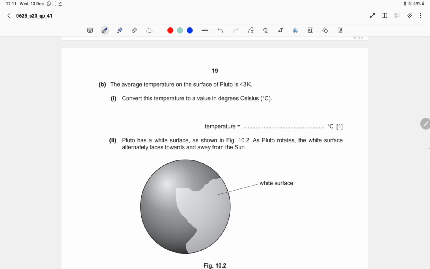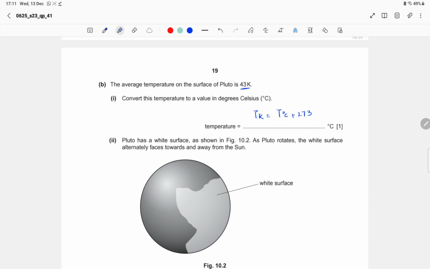The average temperature on the surface of Pluto is 43 K. Convert the temperature value to degrees Celsius. So obviously this is an easy question that you need to know the temperature in Kelvin is equals to temperature in Celsius plus 273. Sorry, the temperature is given in Kelvin, so we need to redo this.